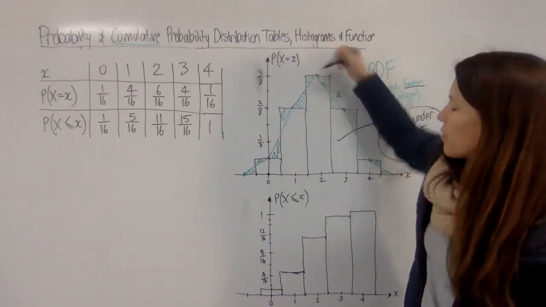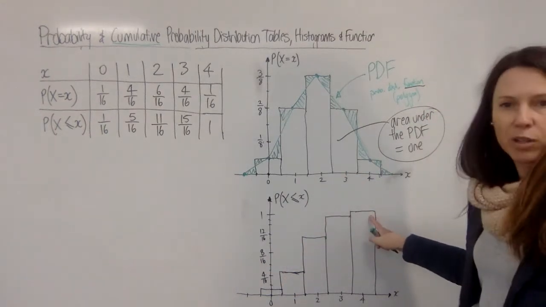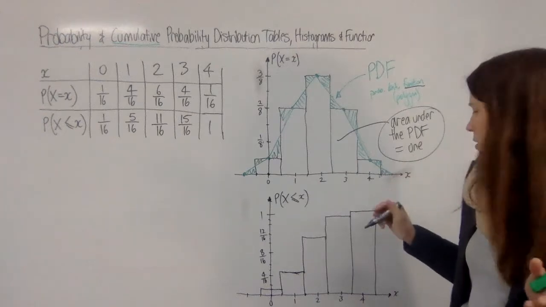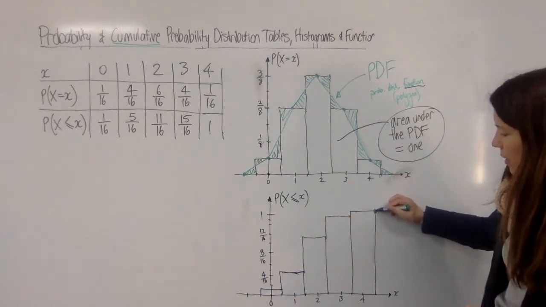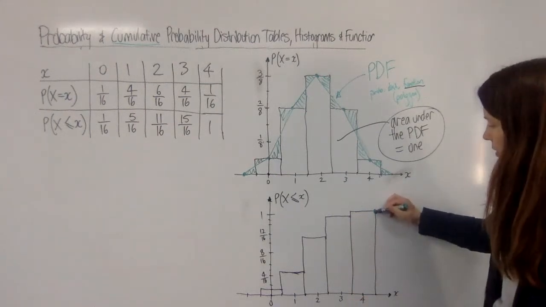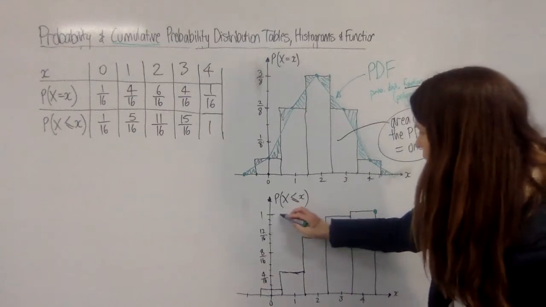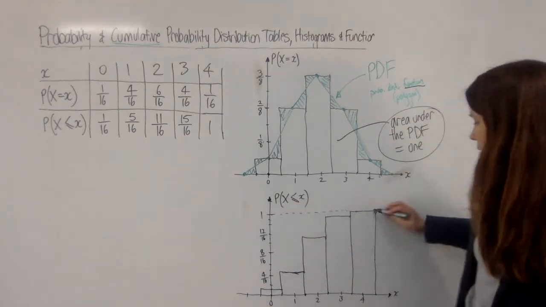Here is the center of the column, but here it's the top right-hand box of each column that needs to be joined. And the reasoning here is that if you take this top right-hand corner and say the chances of getting 4 heads or less is this, it corresponds really nicely with that 100% certainty.